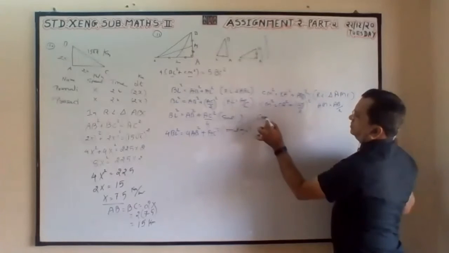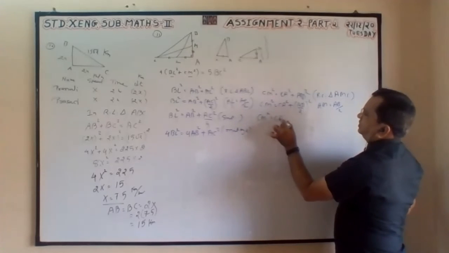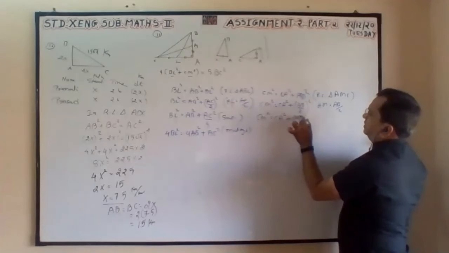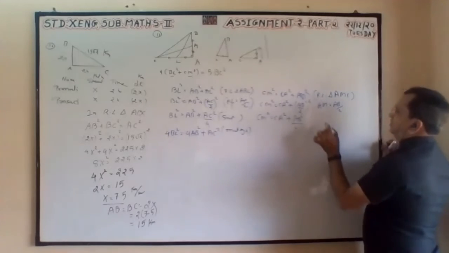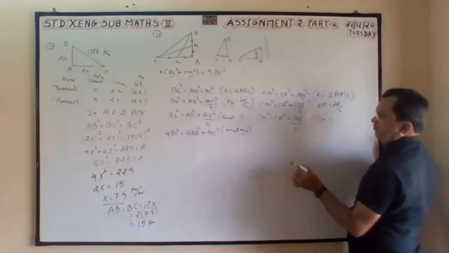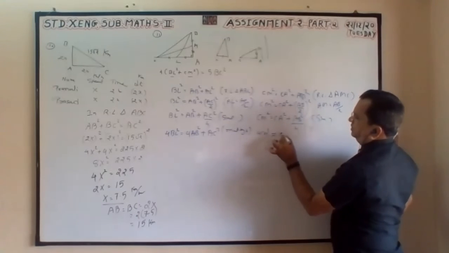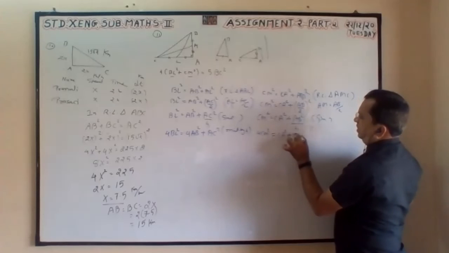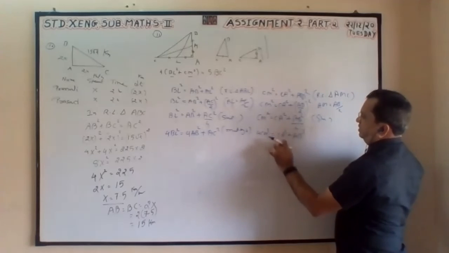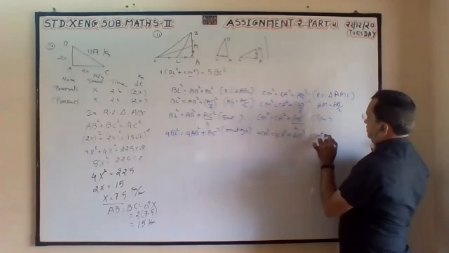Taking square, CM square is CA square plus AB square by 4. Simplify. Multiply by 4: 4CM square is 4CA square plus AB square.